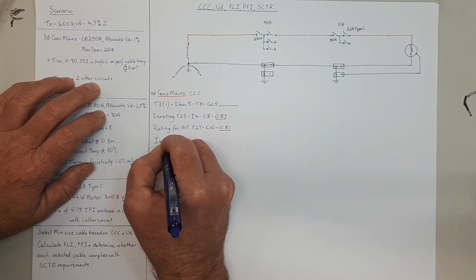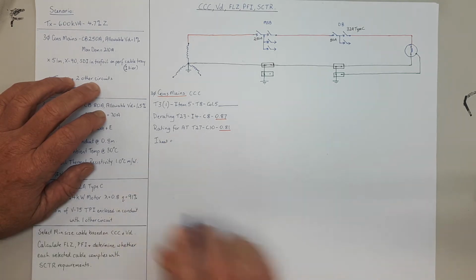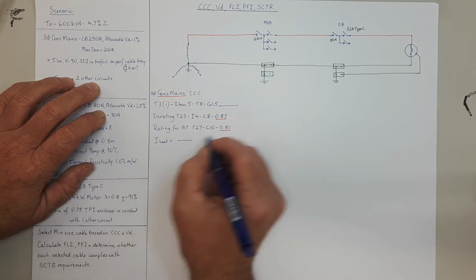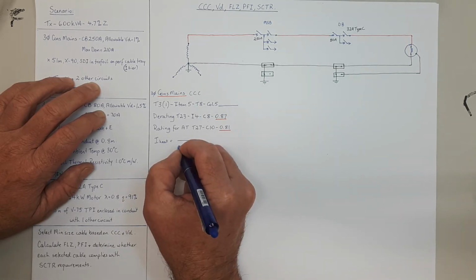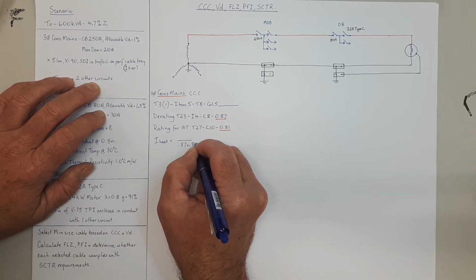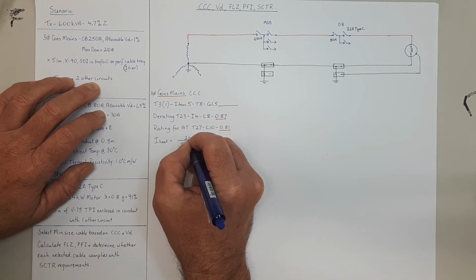So what we're looking for, I just call it I heat. So the heat value we're looking for is going to be 250 over these factors. So 0.87 times 0.81, 250 over that.